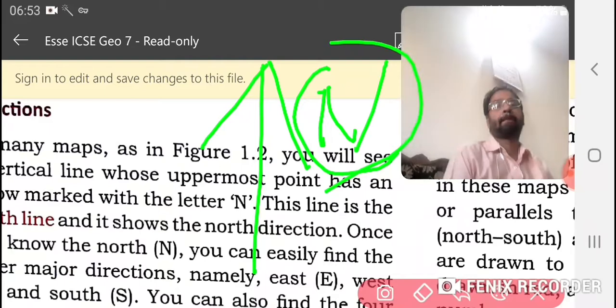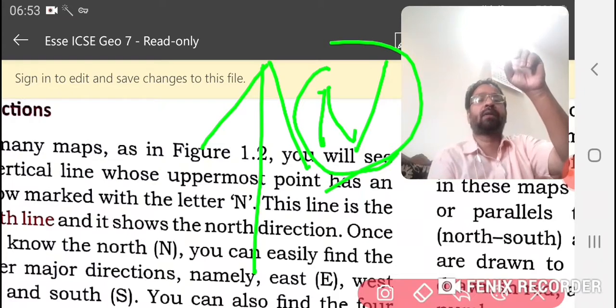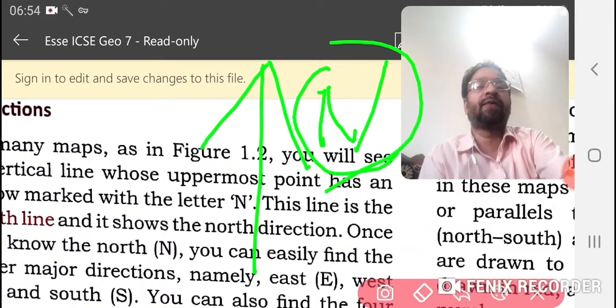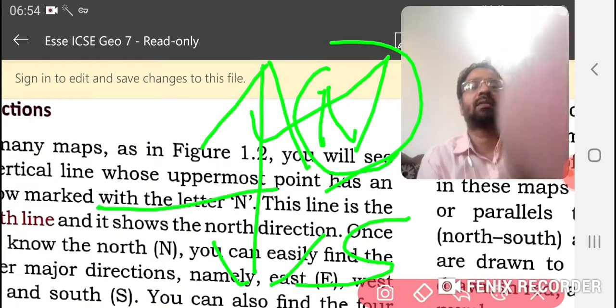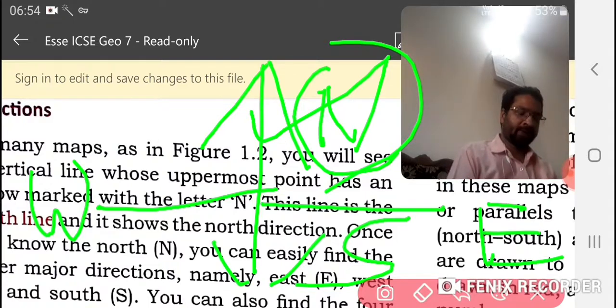Usually we mark the upper part of the map as north direction. If we find the upper part is north, then surely the lower part will be south. Then left, what is it? West. And right, east. And this is the direction.